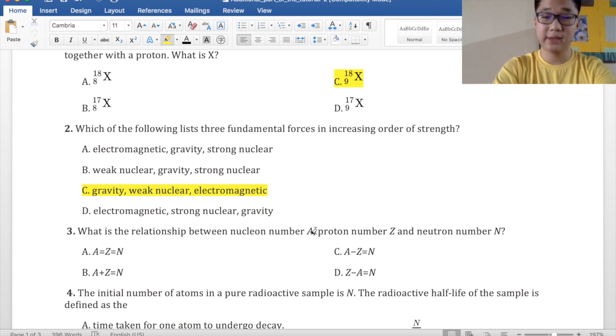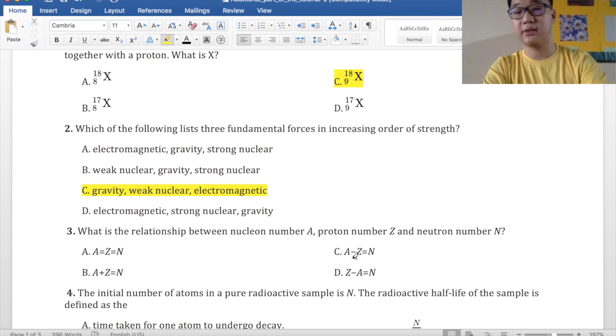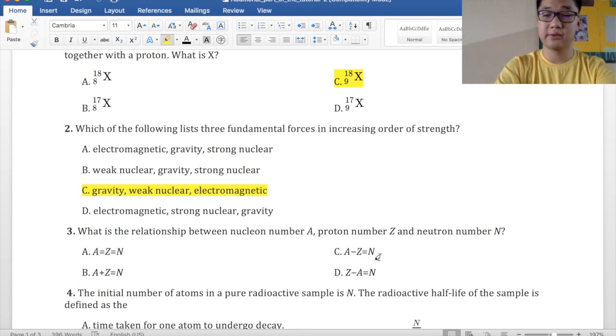So what you do here is A is equal to Z plus N. And we can see here that there is no A is equal to Z plus N. However, there is letter C, which is A minus Z is equal to N. So here, what they did is that they transposed the Z. So this equation right here is still equal to A equals N plus Z. So simple algebra, and the answer here is C.